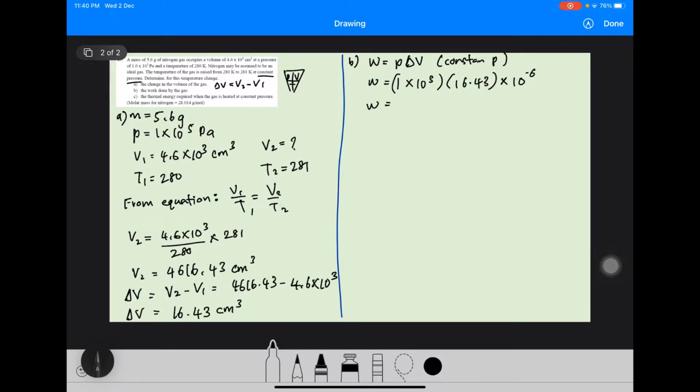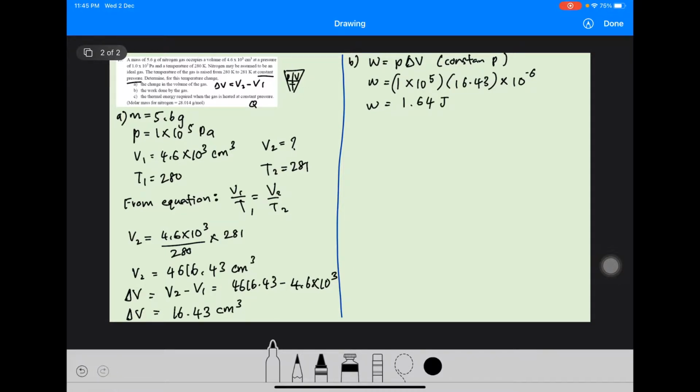Okay, so this one is not 5. This one is 5, not 3. Okay, so I just have to press my calculator again. 1.64. And it will be in joule.